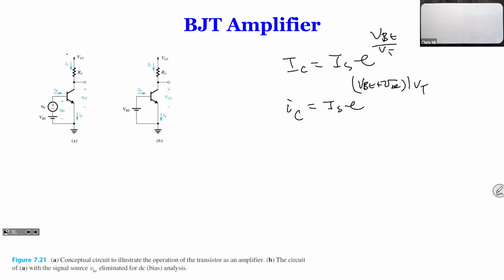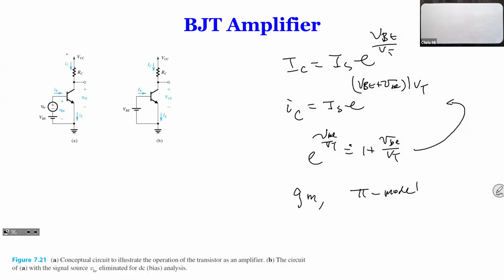Then you expand this using E to the VB over VT approximately equal to 1 plus VBE over VT. You plug this back in and eventually we got the GM, then we got the pi model, and we also found ways to calculate R pi.